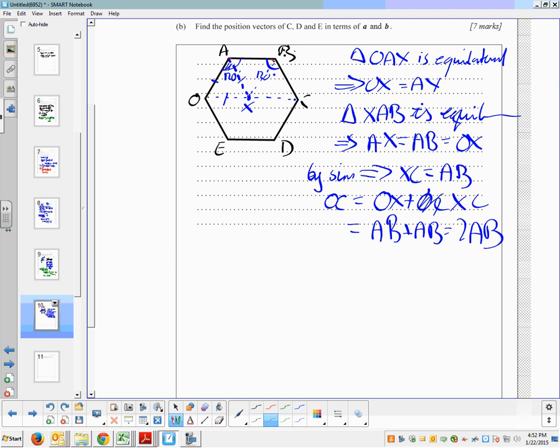Find the position vectors of C, D, and E. So we're looking for OC. Well, we've just worked out that OC is double the length of AB, and since it's parallel to AB, it must be equal to 2AB.